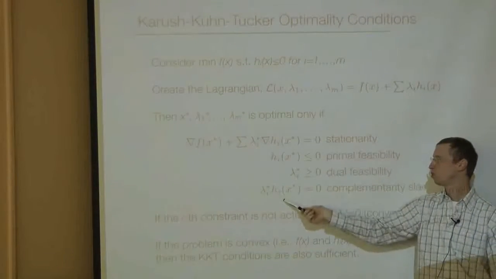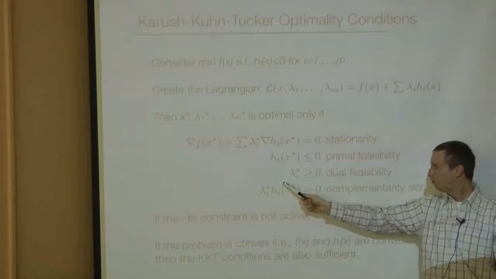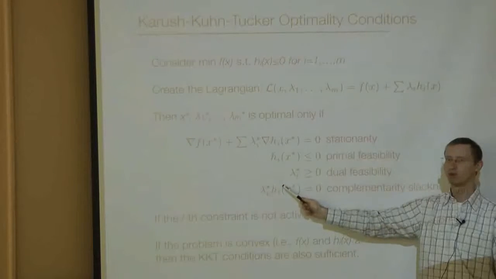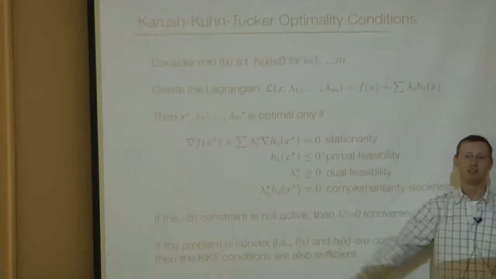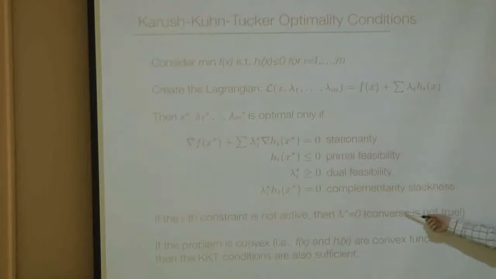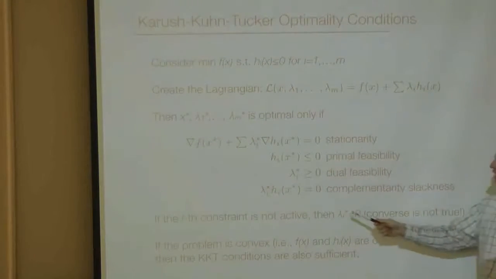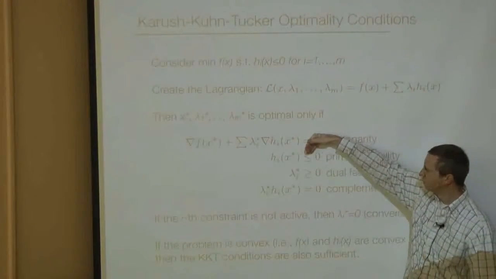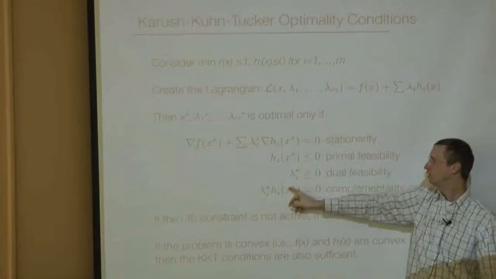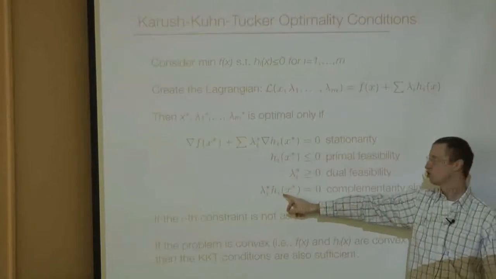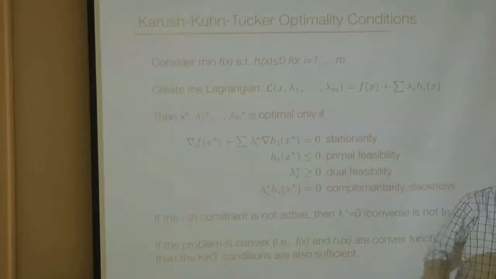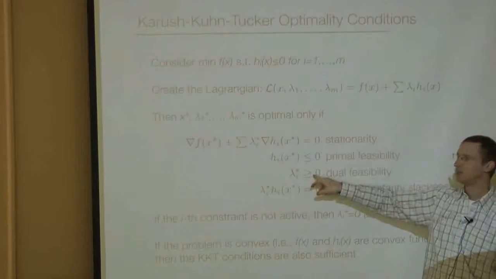And then for this product to be 0, if we know that the constraint is not active, meaning this term here is negative, for the product to be 0, lambda must be 0. Okay? But the converse, meaning the opposite direction, does not hold, which means that we can have the constraint active, and a constraint is active when it's satisfied with equality here. So this term can be 0, and then actually the value of lambda can be arbitrary, so it can be 0, it can be some non-zero value, as long as it is non-negative.